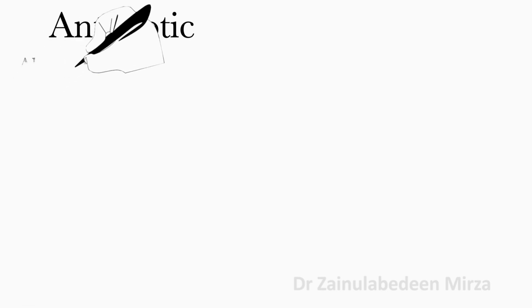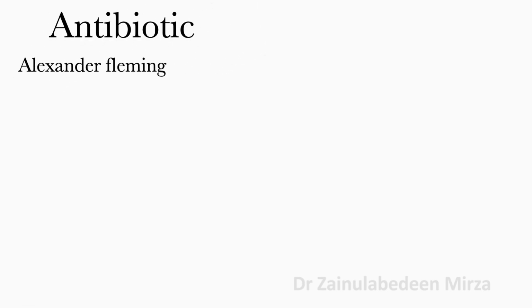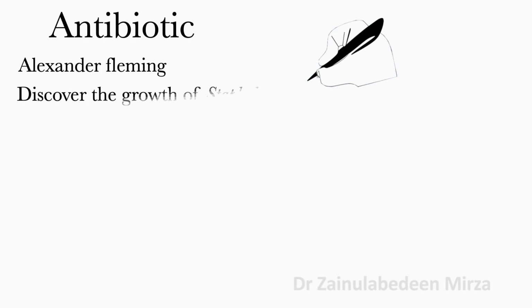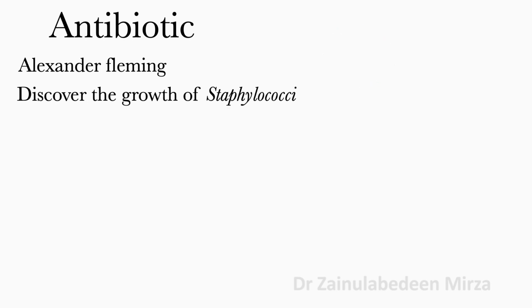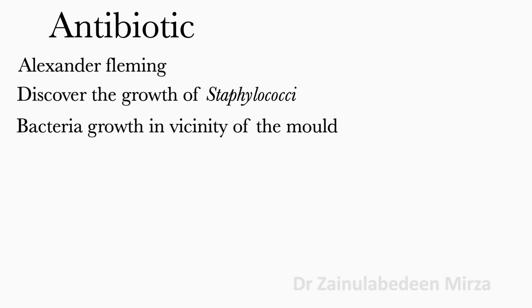In 1928, Alexander Fleming, who worked at St Mary's Hospital in London, discovered that the growth of Staphylococci bacteria had become contaminated with the mold of the genus Penicillium. He observed that bacterial growth in the vicinity of the mold had been inhibited.